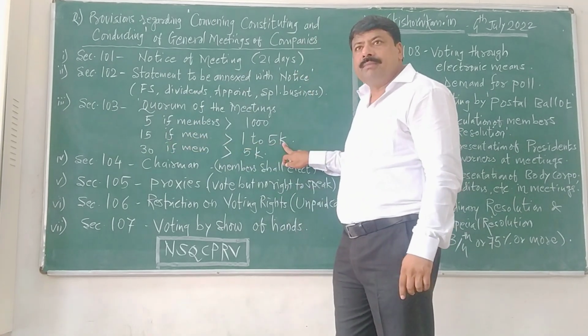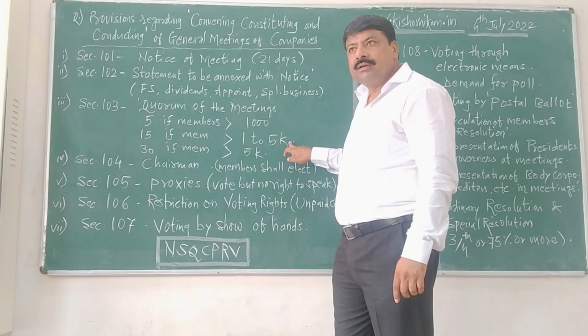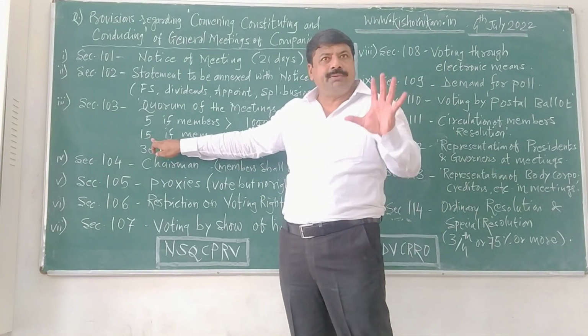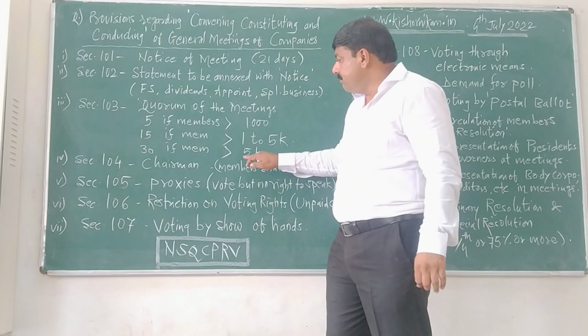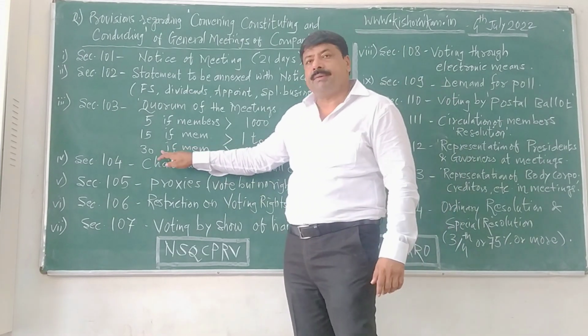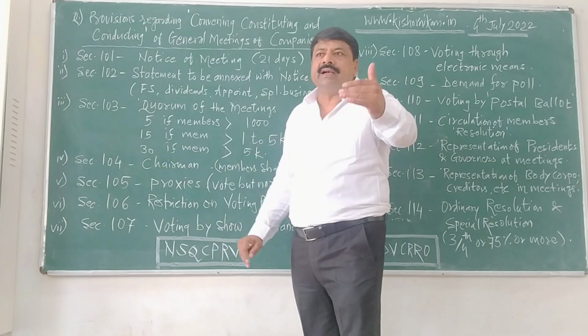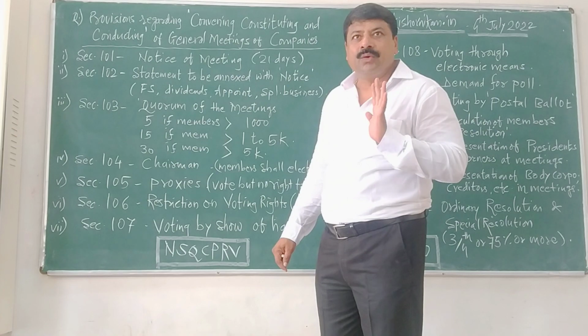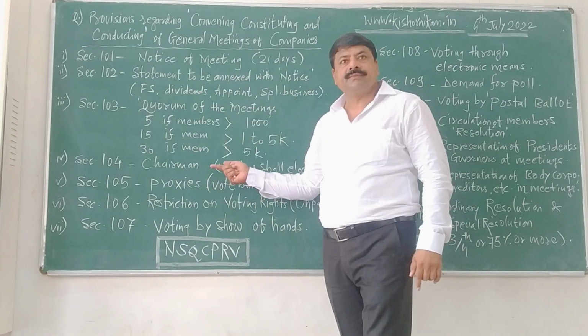If total members are 1000 to 5000, to whom notice is given, 15 is required, at least 15. If members are above 5000, then at least 30 people should come there, then the meeting will be conducted. With 29, the meeting will not happen. So these are the conditions.